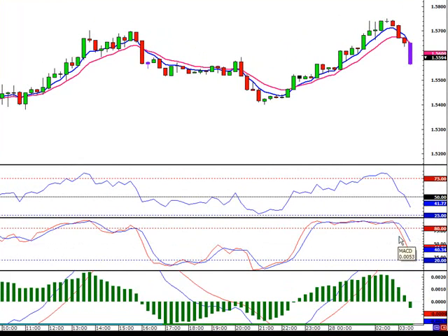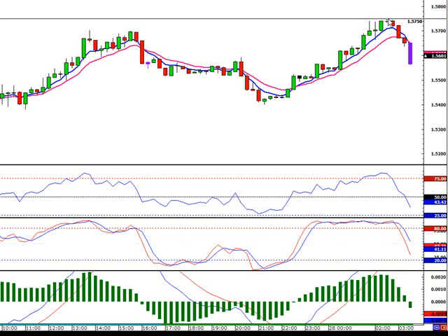RSI is below 50, stochastics trending down, MACD goes from positive to negative. This is a valid entry. We're not near any news events yet, so it's okay to enter. The close of this candle would be our entry at 55.65. Our stop is at the most recent swing high at 57.65, so our nearest 50 or 0 level is at 55.50.